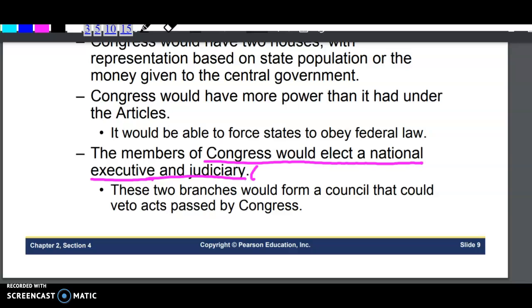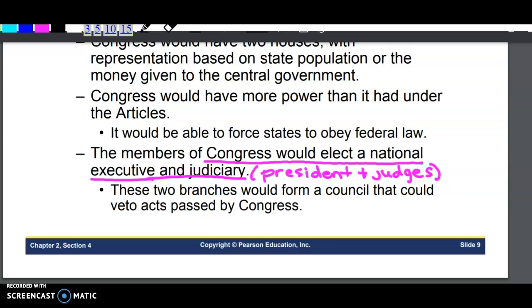What that simply means is that Congress would elect the president and judges. The difference from what we do today is the people elect the president. The judiciary, or the judges, are confirmed by Congress. So these 2 branches would form a council that could veto acts passed by Congress.